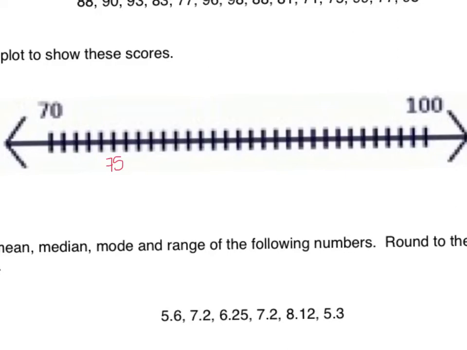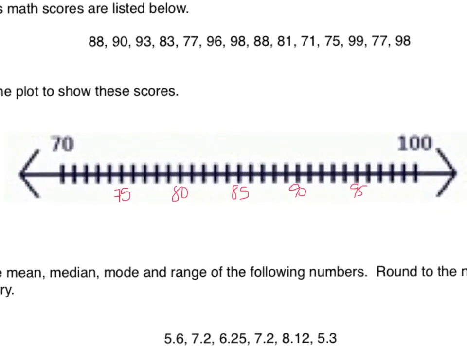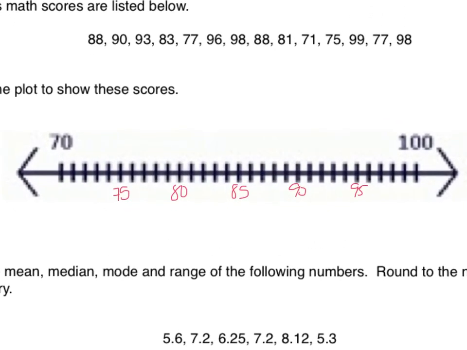So I kind of have a frame of reference, so I don't have to count over and over. This is 80, 1, 2, 3, 85, 90, 95, and I'm going to double check 6, 7, 8, 9, 10. Perfect. So now I have them all labeled by 5s. It'll make it a lot easier when I go to put these numbers on.